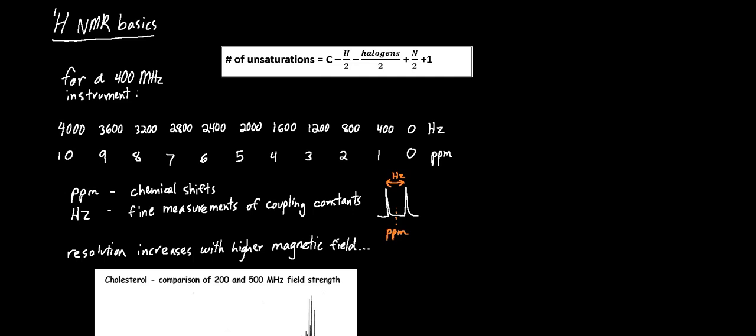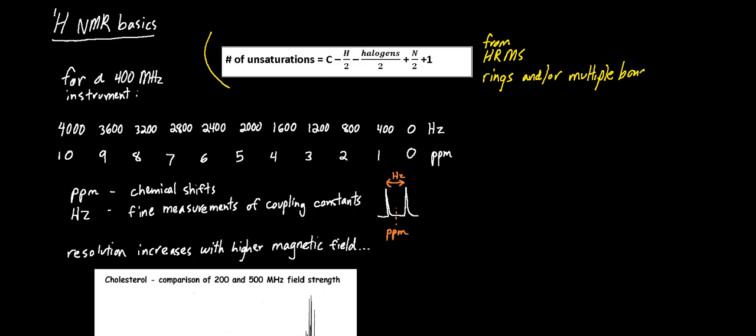I put this formula for unsaturations here as an aside, so it's not really dealing with this, but in solving our problems, if you're given the molecular formula, which is usually from high-resolution mass spectrometry in conjunction with NMR, you will get the number of rings and/or multiple bonds.